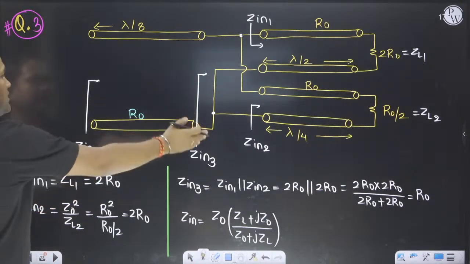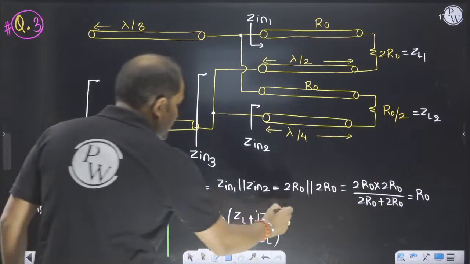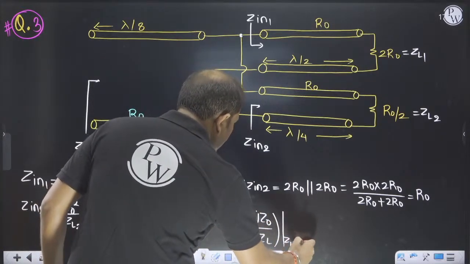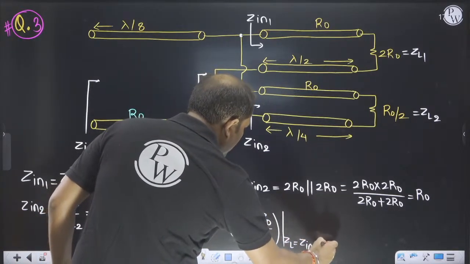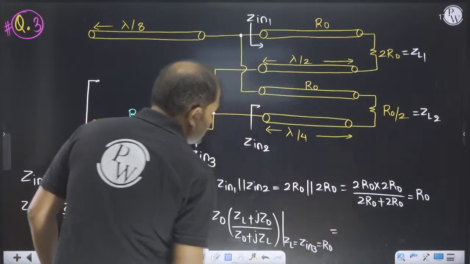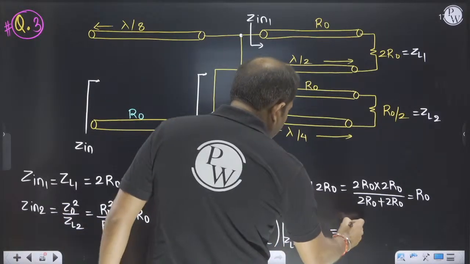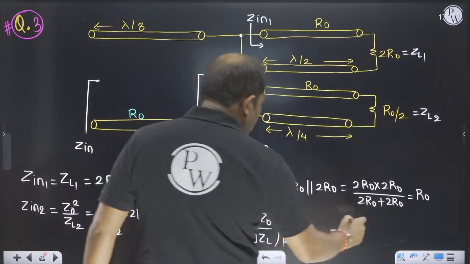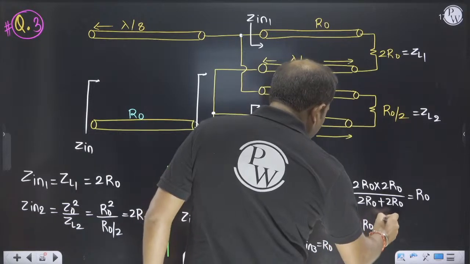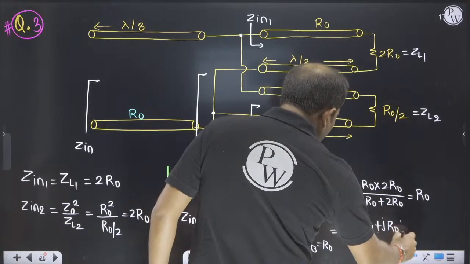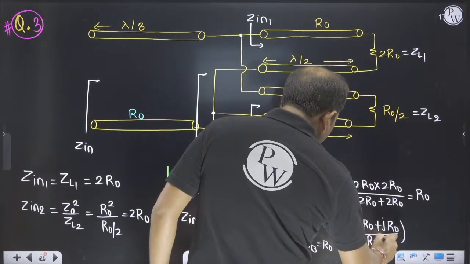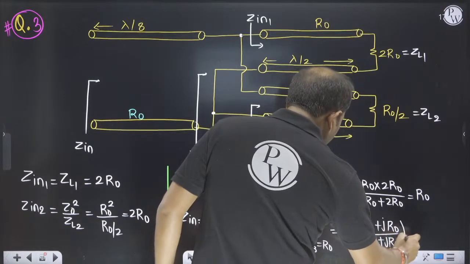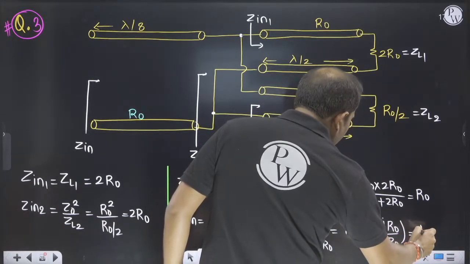ZL is Zin 3, so ZL is equal to Zin 3, which is R0. And Z0 is R0. So if I put R0 everywhere, it will be R0.